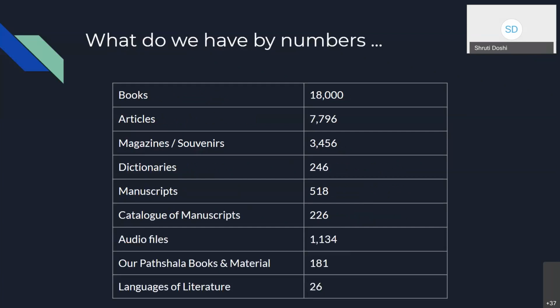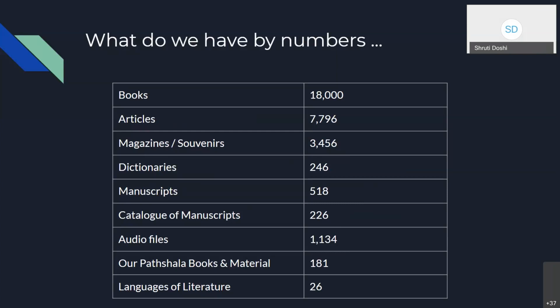We have about 246 different Jain dictionaries, 518 manuscripts, 226 catalogs of manuscripts, about 1,134 audio files, and we also have 181 artifacts, books, and presentations that are being actively utilized by our Pathshala centers.